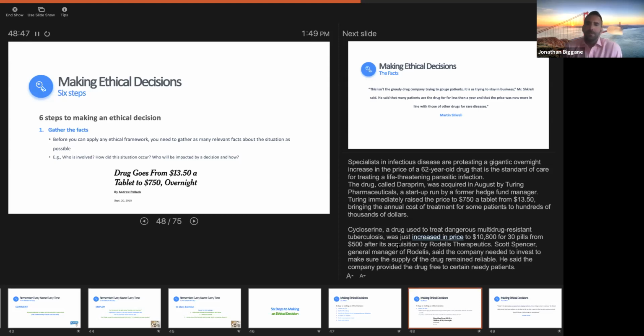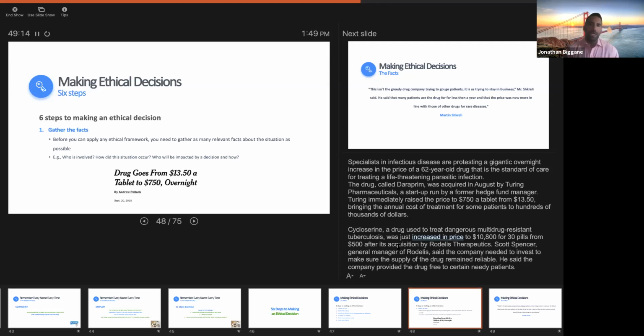So specialists in infectious disease are protesting against a gigantic overnight increase in the price of a 62-year-old drug that is a standard of care for treating a life-threatening parasitic infection. The drug, called Daraprim, was acquired in August by Turing Pharmaceuticals. That's Martin Shkreli's company. Turing immediately raised the price to $750 a tablet from $13.50, bringing the annual cost of treatment for some patients to hundreds of thousands of dollars.